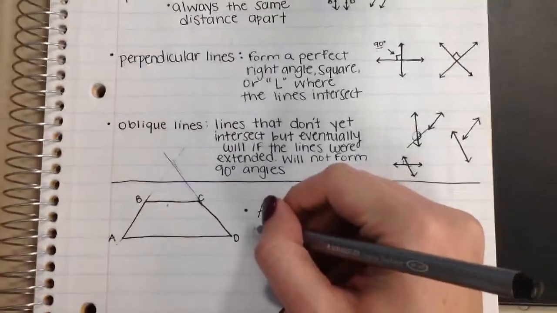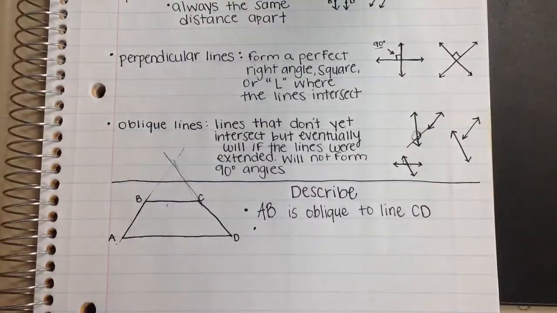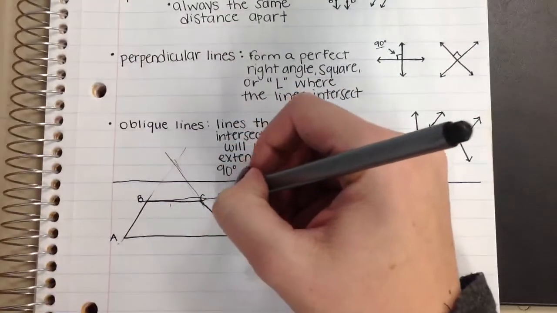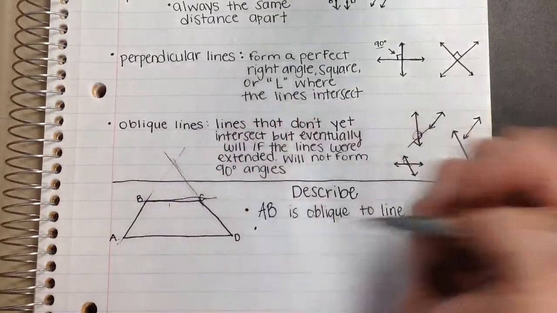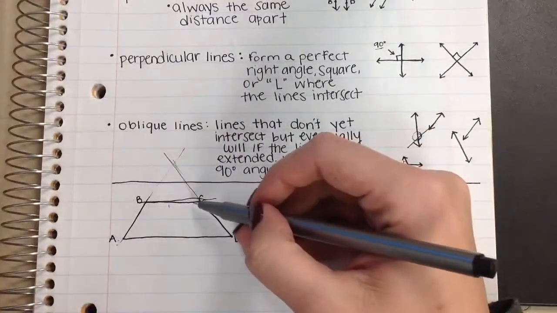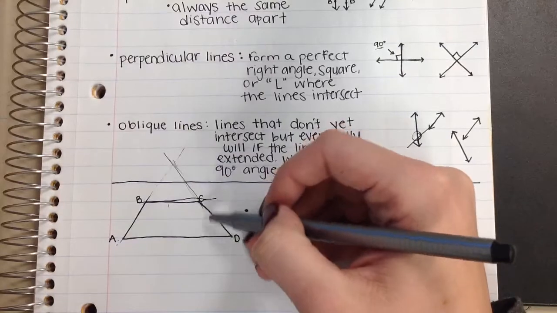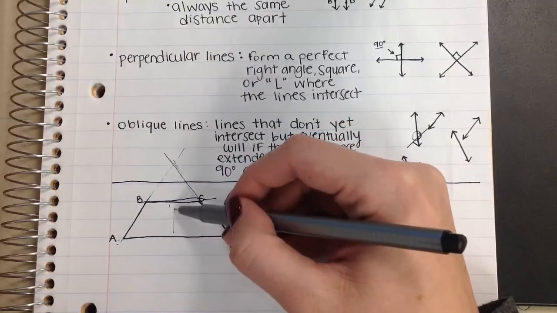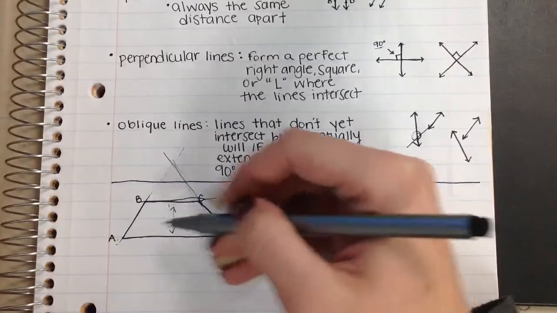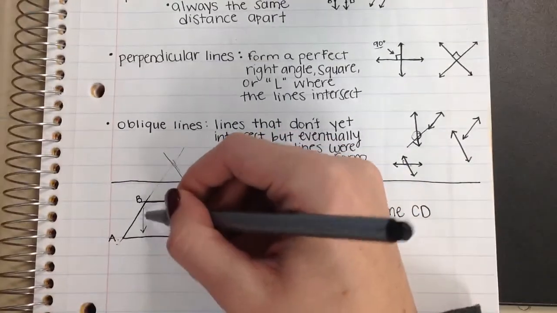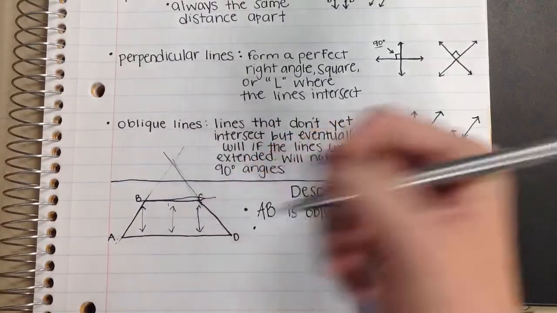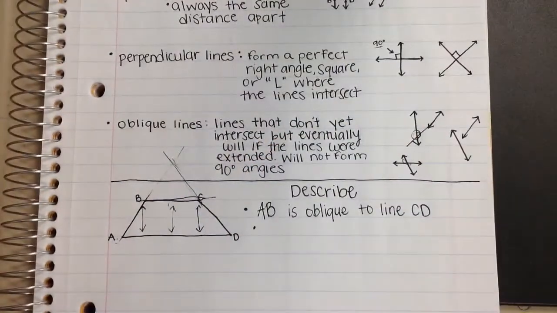All right, let's choose another set of lines to describe. I would like to describe this line, BC, with AD. These two lines are never going to touch each other because they are the same distance apart the whole way through my shape. And lines that are the same distance apart and never touch are what we call parallel.